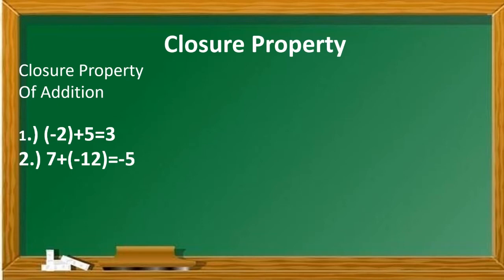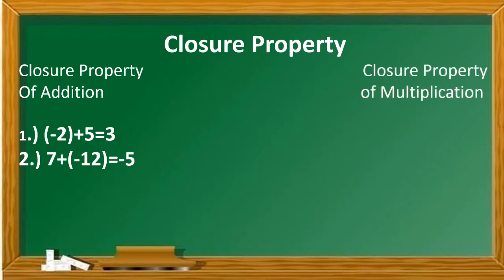We also have the closure property of multiplication. For any integers a and b, a times b is an element of integer. This is the closure property under multiplication. Since the factors are integers, the product is also an integer. Let us have examples. Negative 6 times negative 3 equals positive 18.